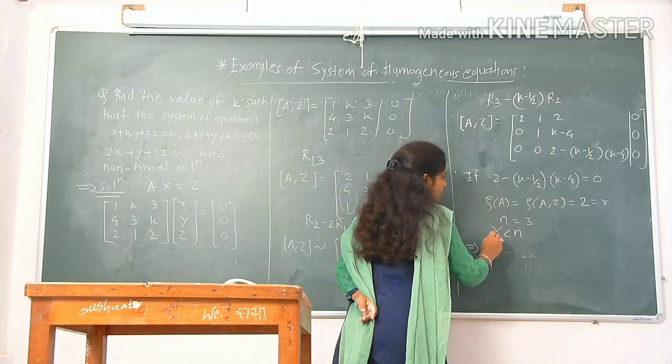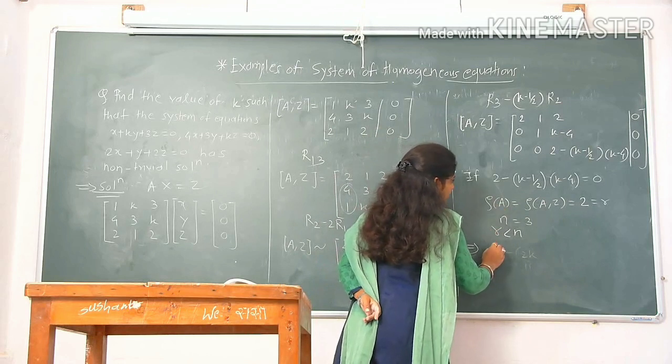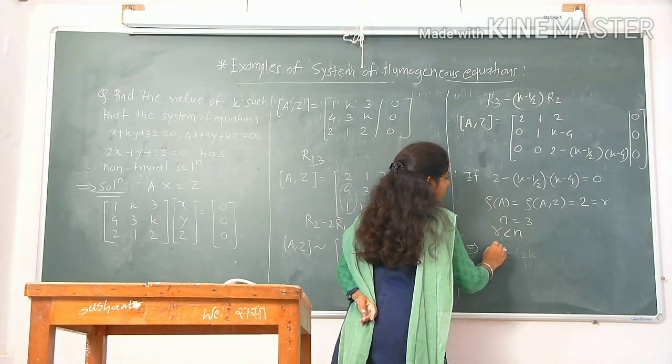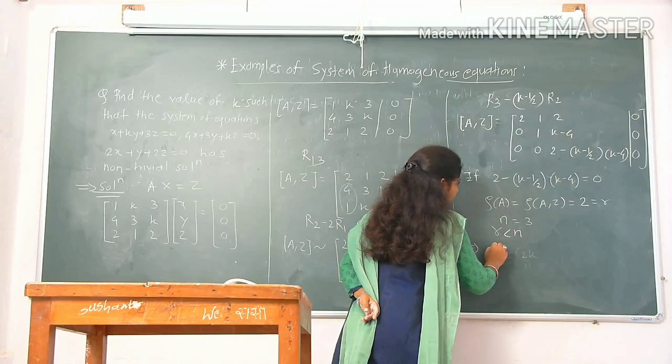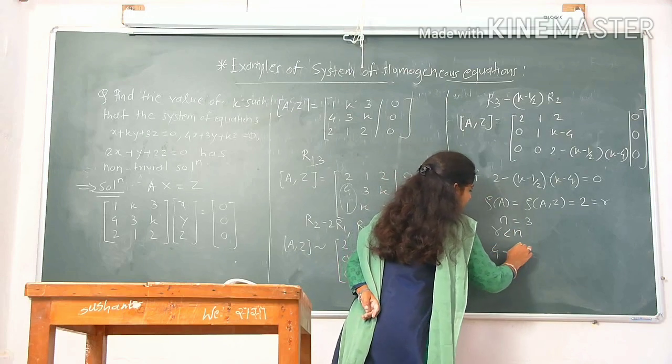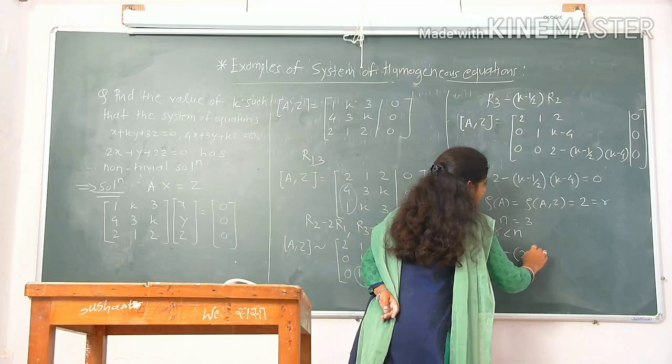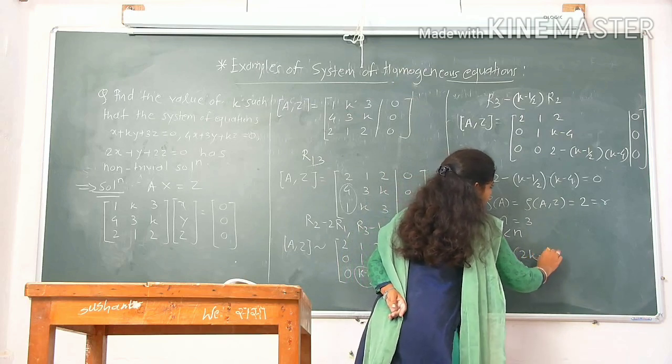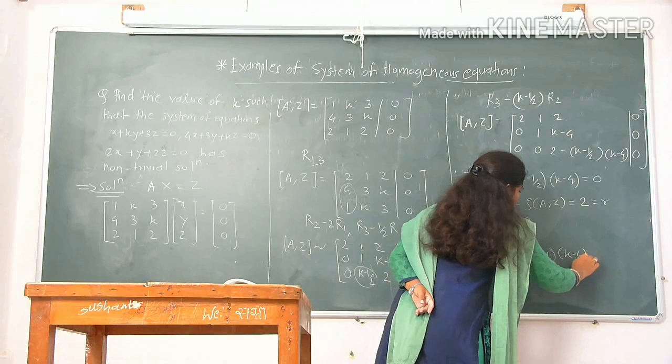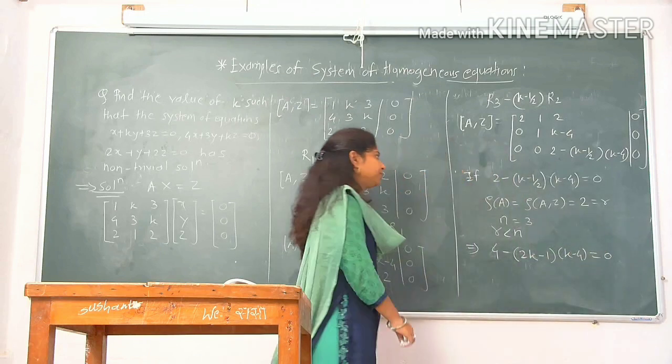First I multiply by 2 on both sides, so 2 into 2 is 4 minus 2k, minus 1 into k minus 4 is equal to 0.